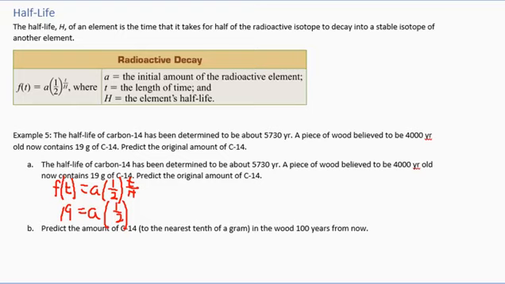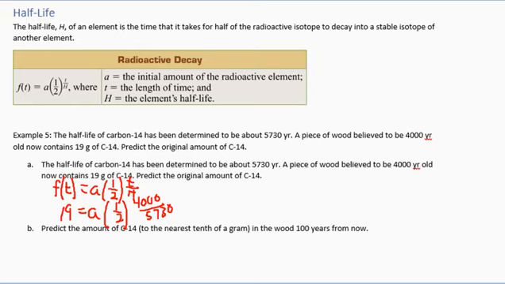Well, the time here is 4,000 years, believed to be 4,000 years old, so 4,000 over the half-life, which is 5,730 years. And that's all supposed to be in the exponent. Sorry, it doesn't look that way.